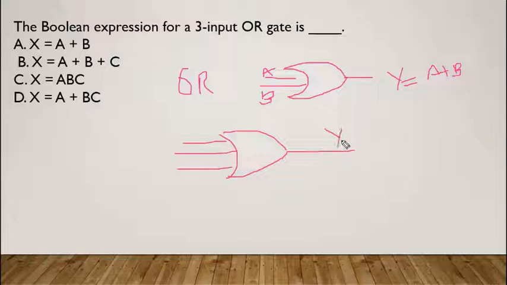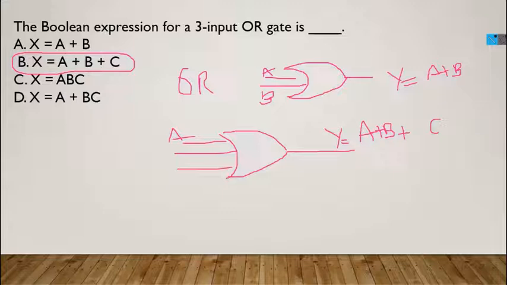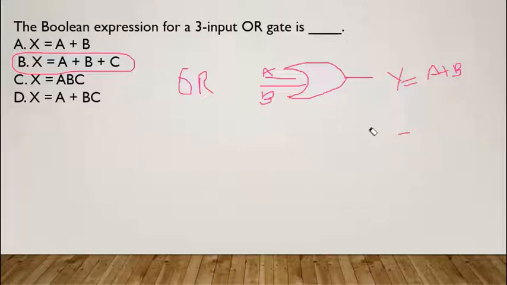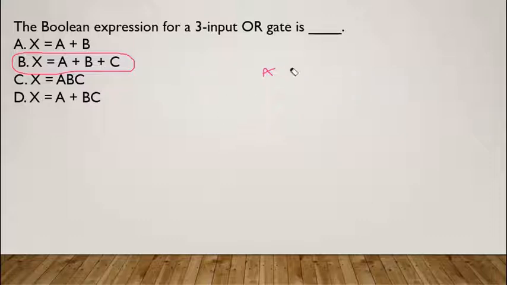So y equals a plus b plus c. This is very simple, right? So the answer here is b. If you know the basic formula for the OR gate, then you can derive it for any number of signals given for an OR gate.